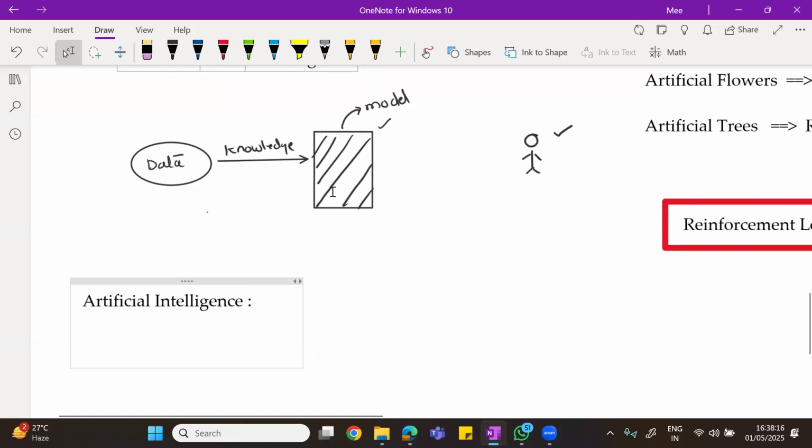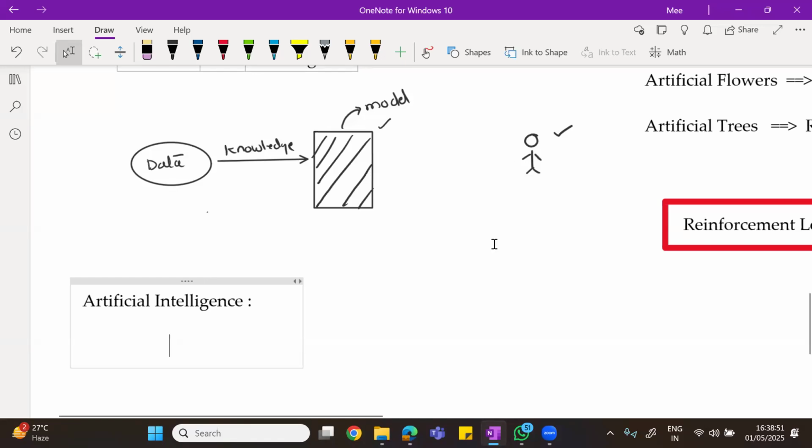Or in other words, artificial intelligence is a field of computer science which is used to build intelligent machines, and these machines mimic human behavior. They behave like humans while performing the task. Hope you are getting the point, guys. There will be only a slight difference between these definitions, so don't get confused.